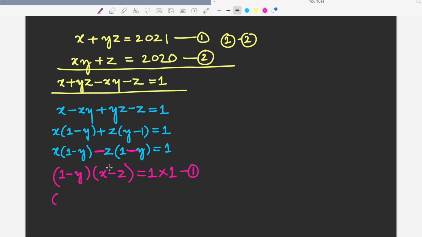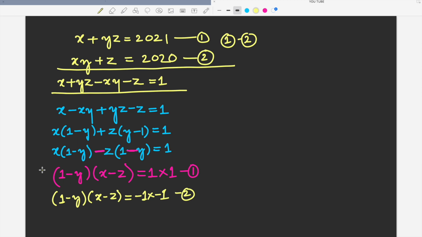And we have one more solution. The second solution would be 1 minus y and x minus z equal to minus 1 each, so minus 1 times minus 1 again equals 1.